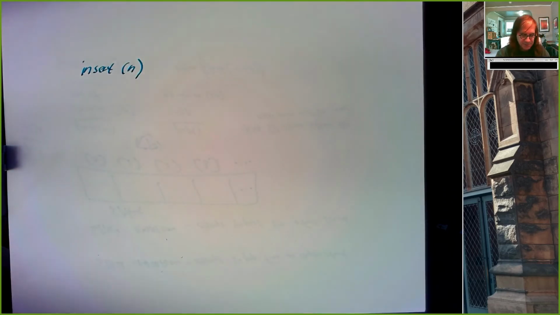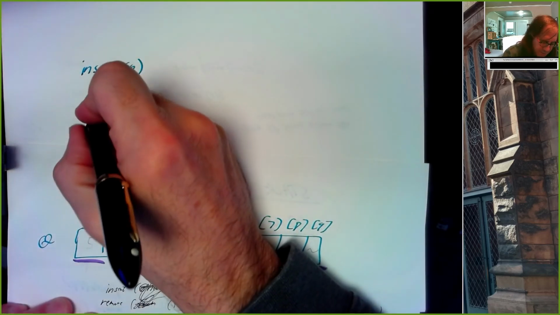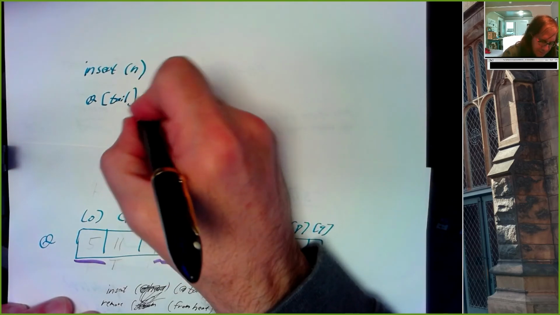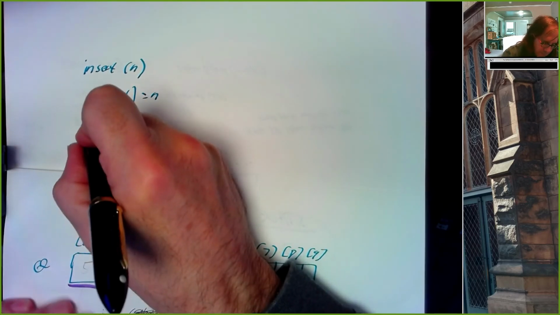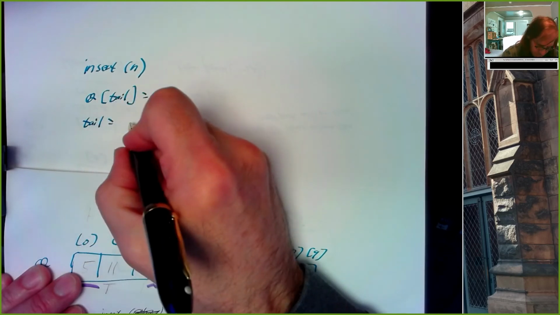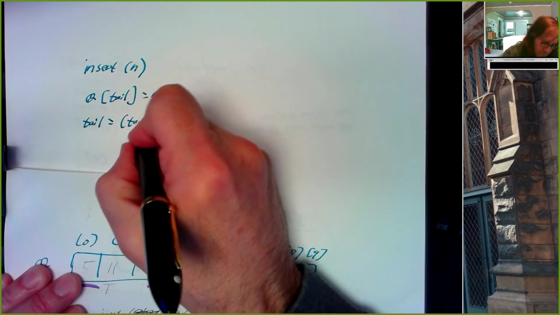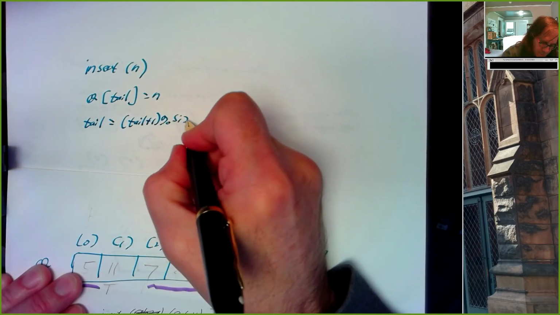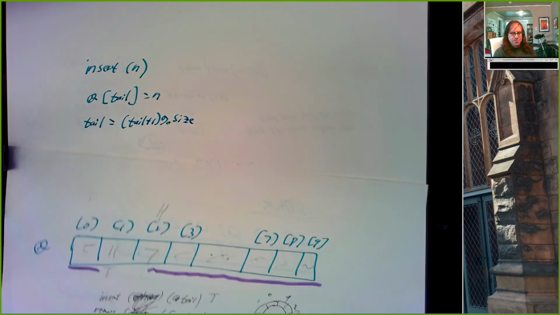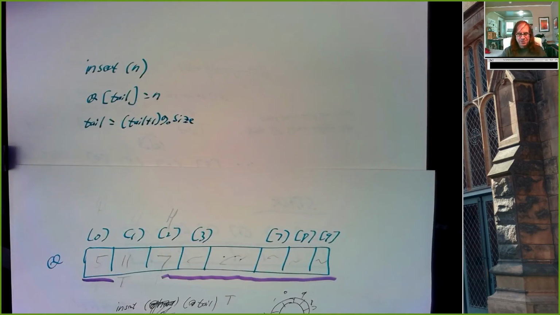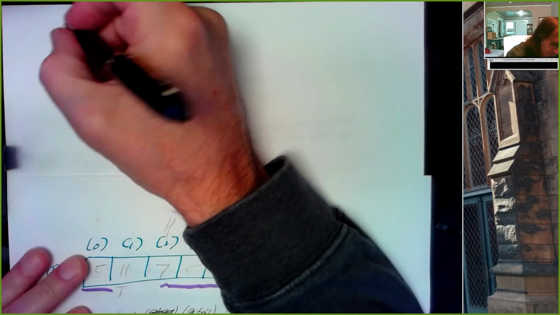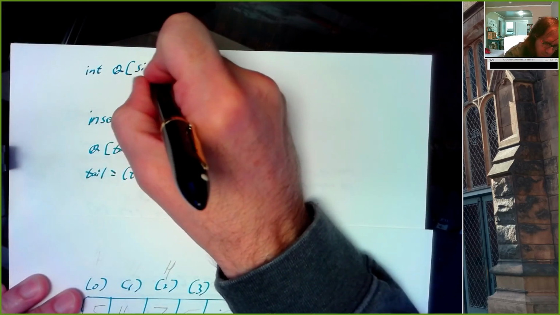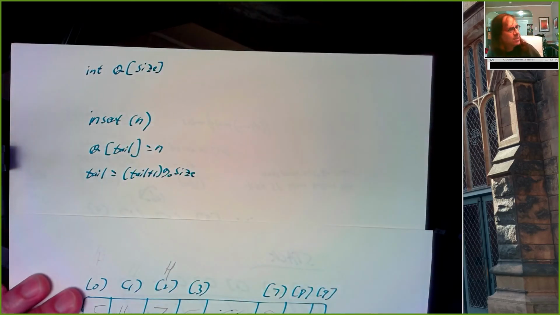So to insert, we're going to store at the tail. And we're going to increment the tail and wrap it around. So let's suppose our Q is an integer array of size.